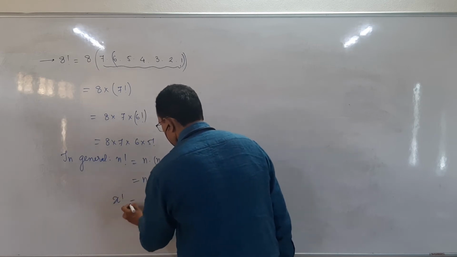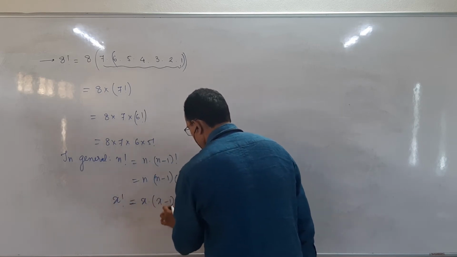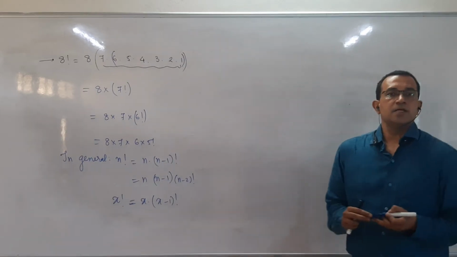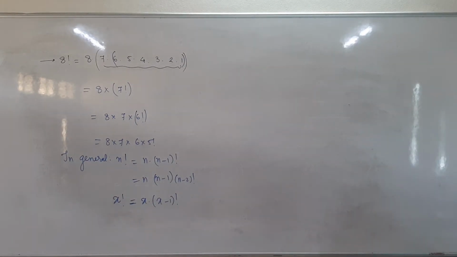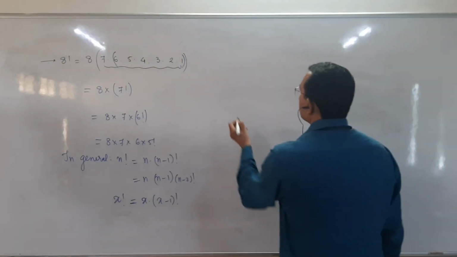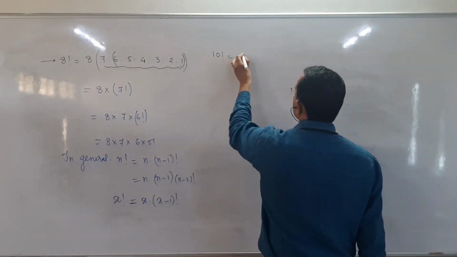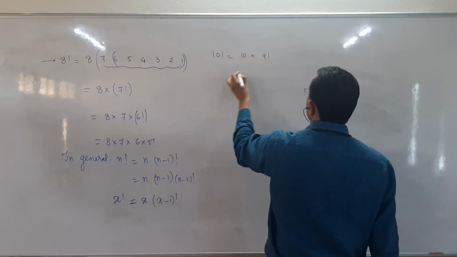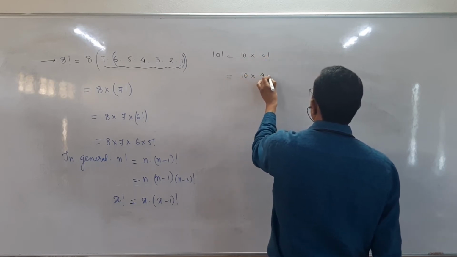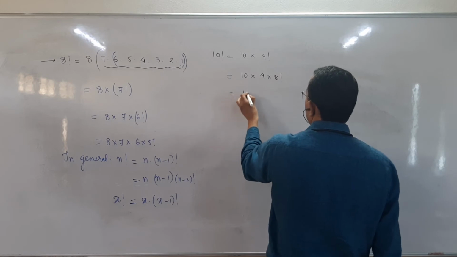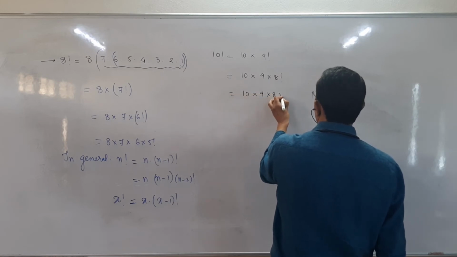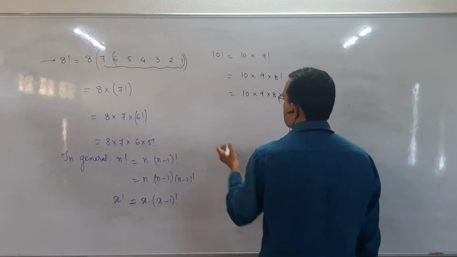X factorial is written as x into x minus 1 factorial. So, this is how, students, we go for the basics of factorial simplification. If it is 10 factorial, then I can write this as 10 into 9 factorial. If it is 9 factorial, I can write this as 9 into 8 factorial. If it is 8 factorial, I can write this as 8 into 7 factorial, like that.